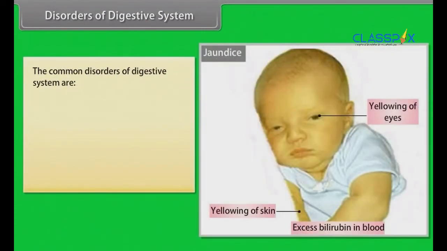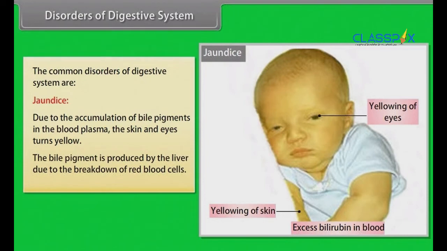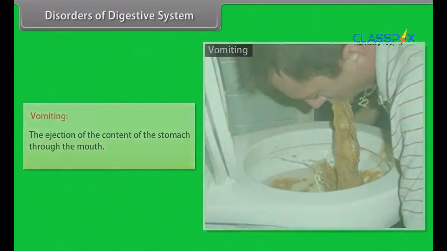Disorders of the digestive system. The common disorders of the digestive system are jaundice, where due to the accumulation of bile pigments in the blood plasma, the skin and eyes turn yellow. The bile pigment is produced by the liver due to the breakdown of red blood cells. Vomiting, the ejection of the contents of the stomach through the mouth.